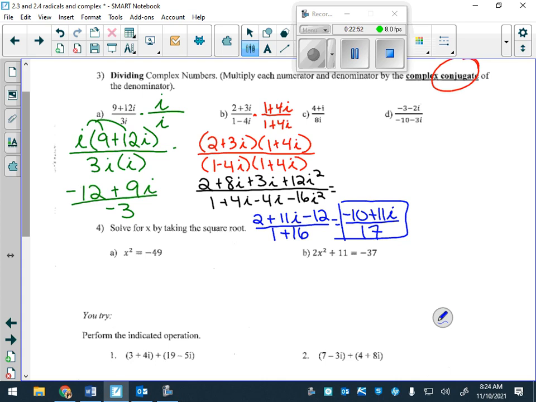All right, so I did different colors up here for you guys to see.